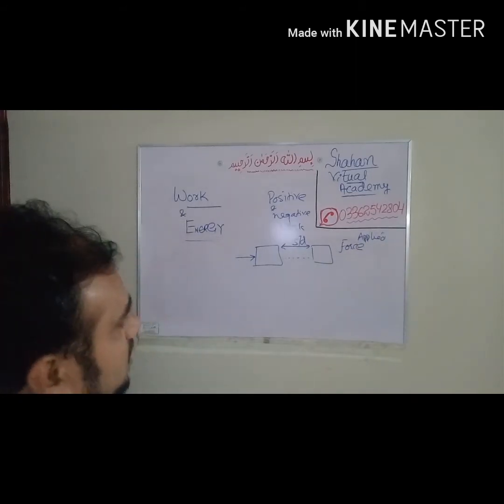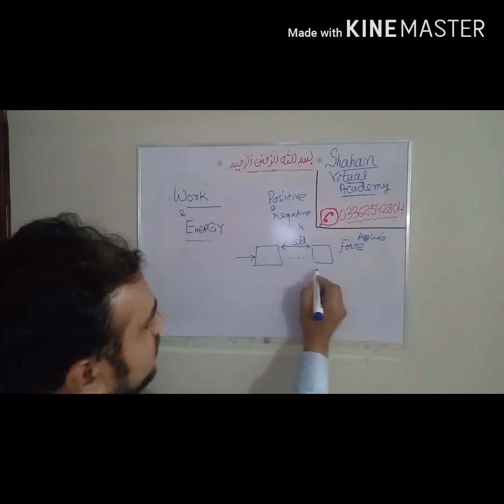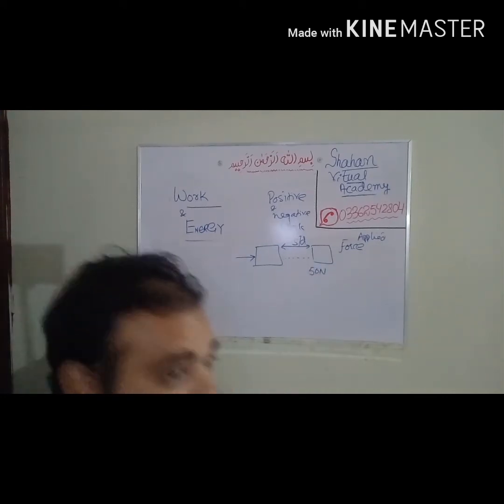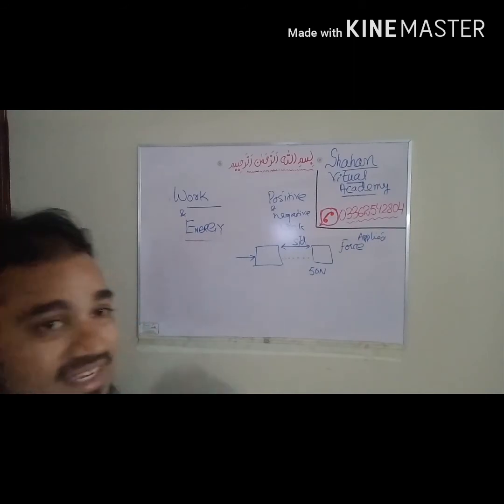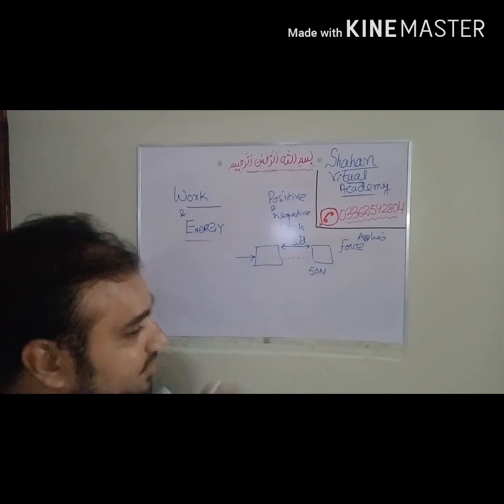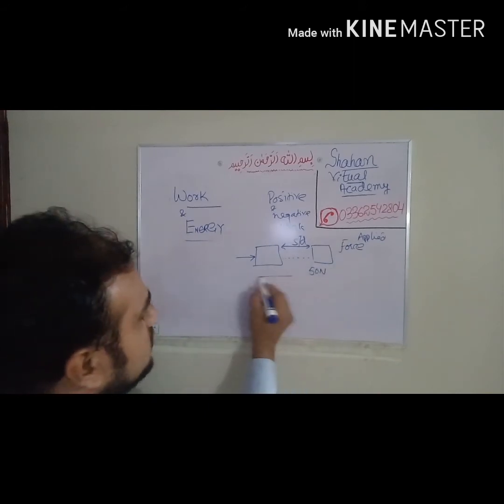Let's suppose we apply a force of 50 Newton. Another force will act here, which is the force of friction, which always acts against the applied force.